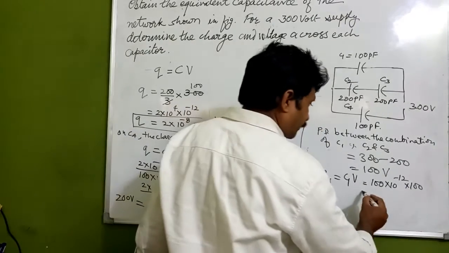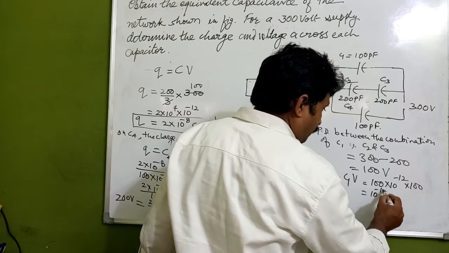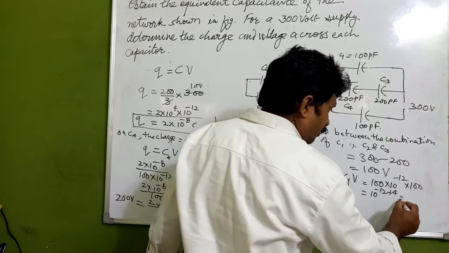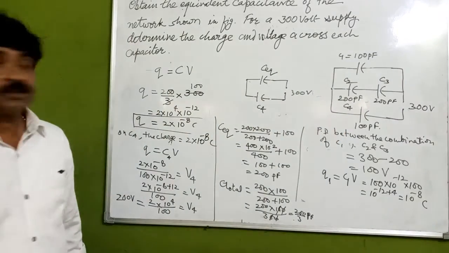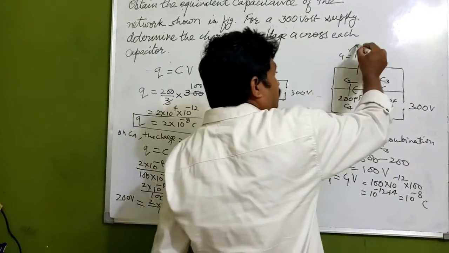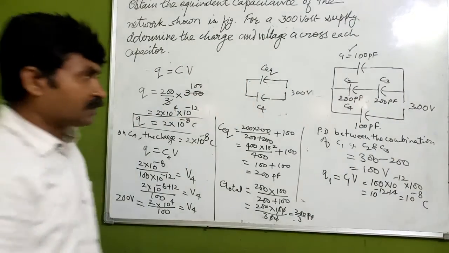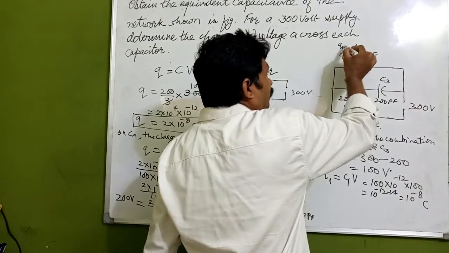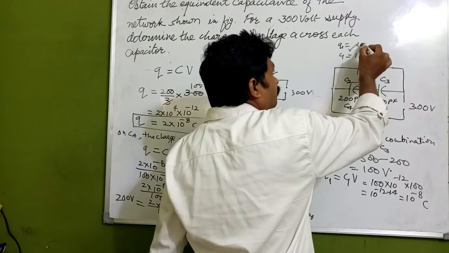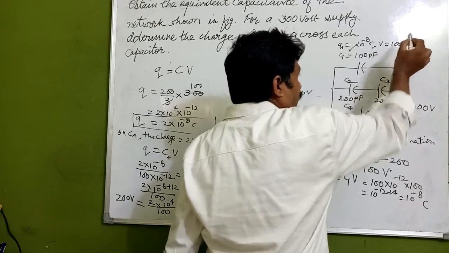So 100 and 100 means 10 raised to the power minus 12 plus 4, it is going to be 10 raised to the power minus 8 coulomb. So here we have Q1 which is 10 raised to the power minus 8 coulomb and the potential across this is 100 volt.